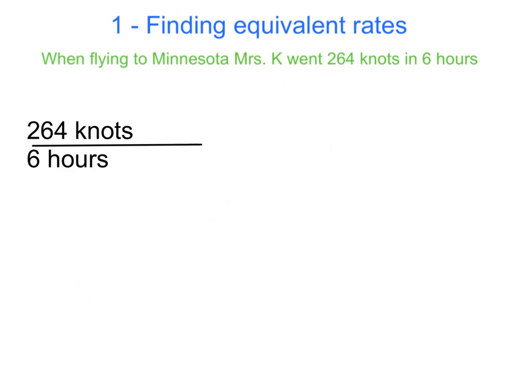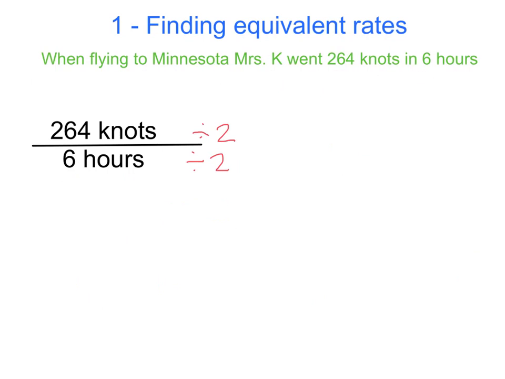Now, if we want to find an equivalent rate, we want to find the different speeds the plane was going in a different amount of hours. Let's say we wanted to see what half of the speed of the plane would be. We can divide both our nautical knots by 2 and also our hours by 2.